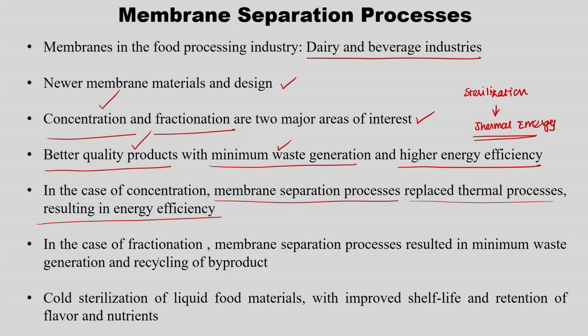In case of fractionation, membrane separation processes result in minimum waste generation, and recycling of the byproduct is possible in the fractionation, but that is not possible if I use thermal energy.